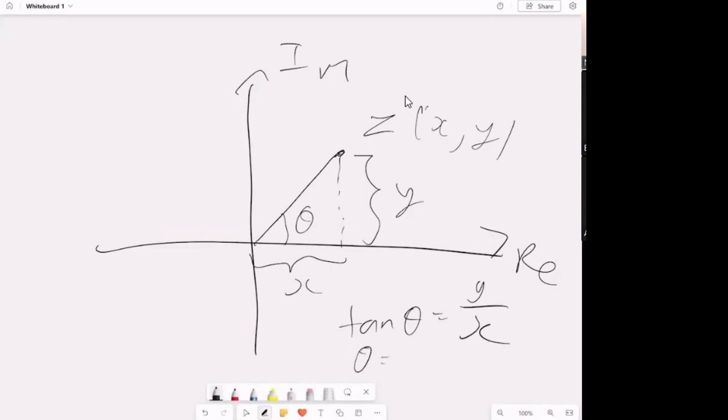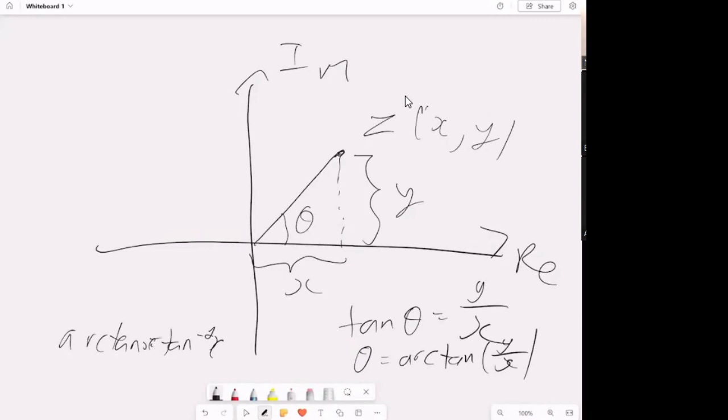So theta is actually just arctangent of y over x. Arctangent just means tangent inverse. They just mean the same thing. So that's how we get our argument.